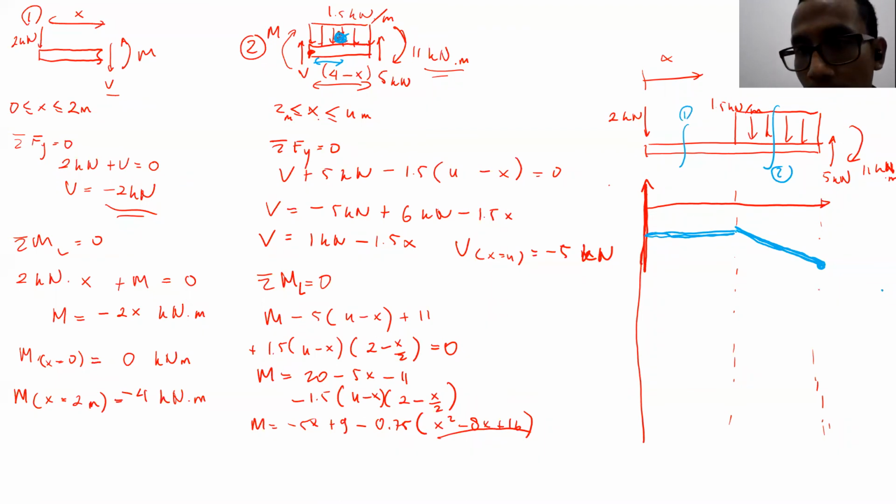So this value is minus 2, and this one is minus 5. Okay, that's our shear force diagram.